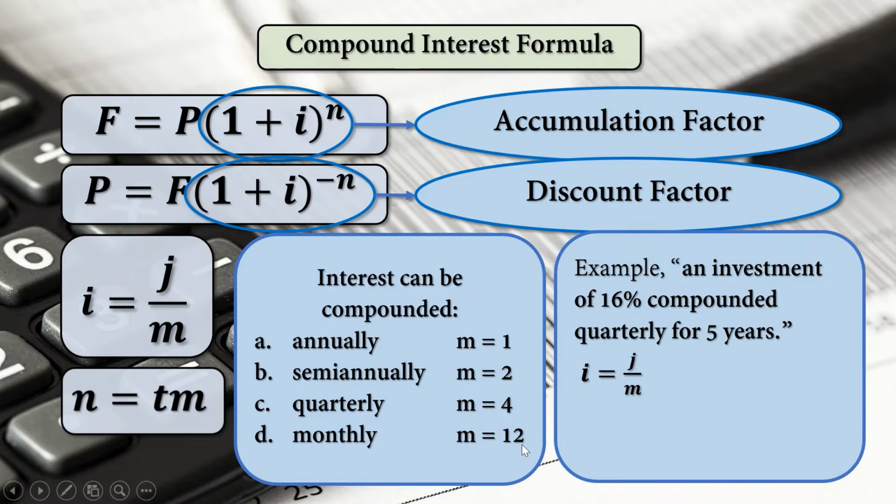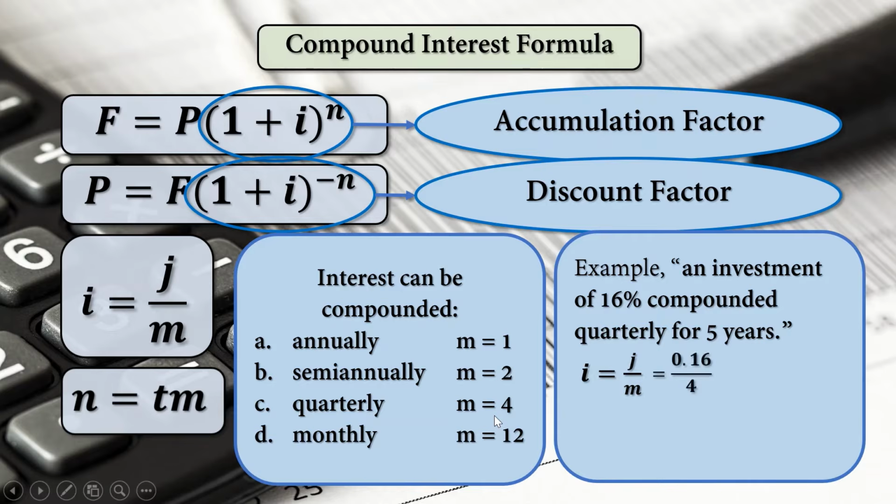So for example, a statement says an investment of 16% compounded quarterly for 5 years. So in order to find i, we have to use the values of j and m. So our j is the percent value or yung rate natin, which is 16%, and our m, it says quarterly, meaning 4 yung gagamitin natin.